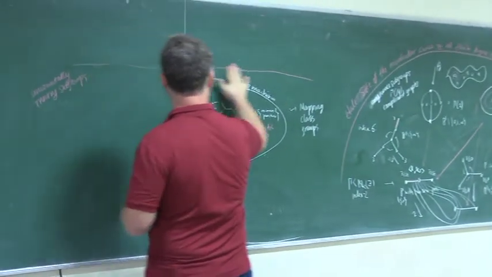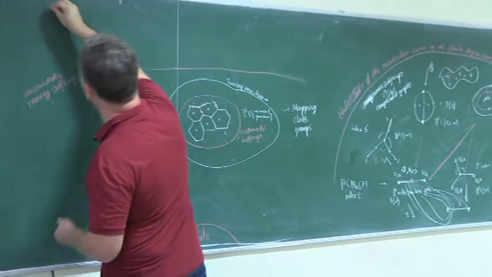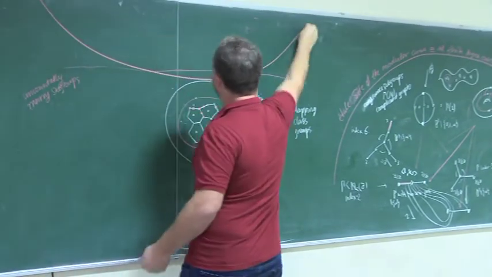So if we leave this white zone, there is what I call the état cosine.